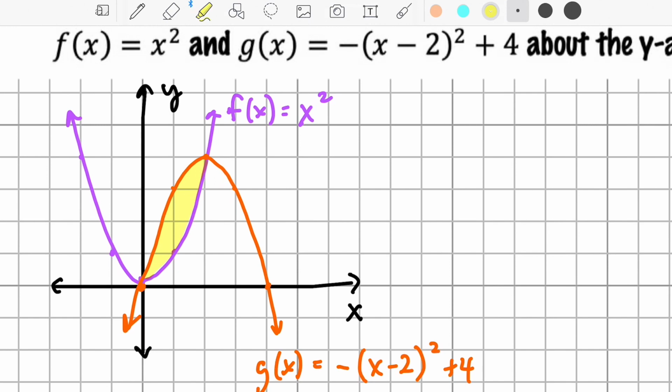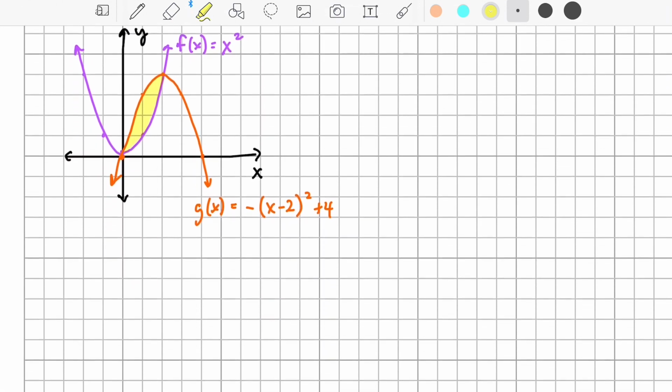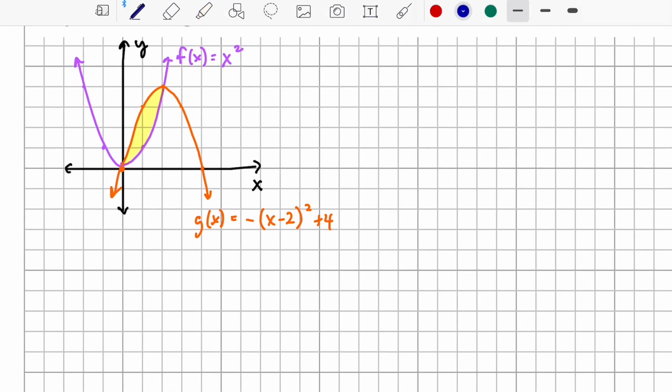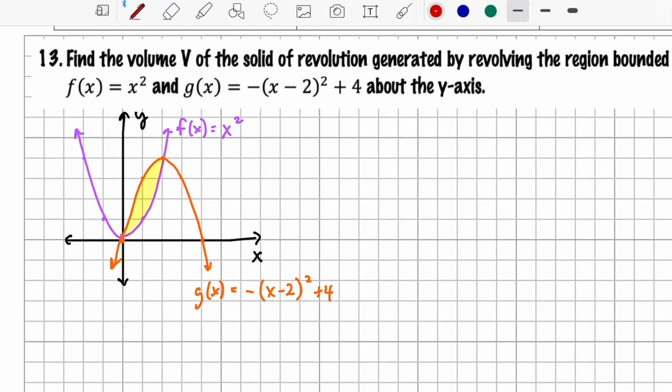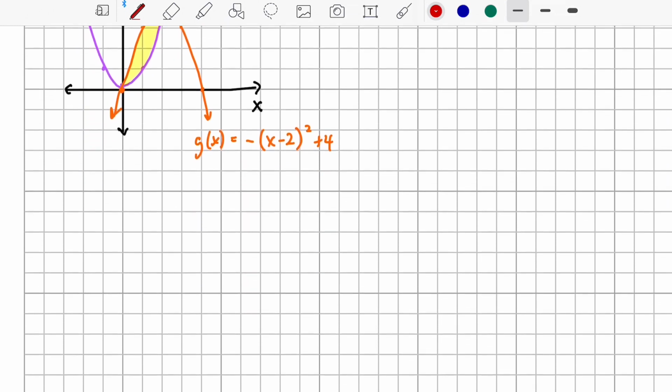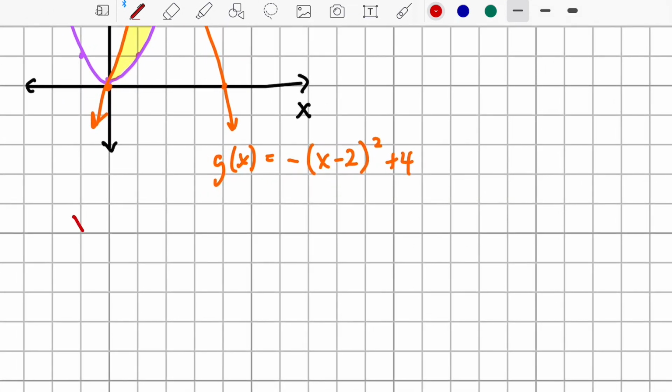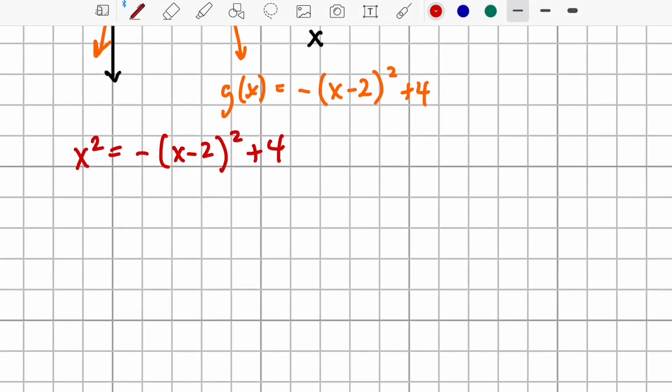And we need to find the points of intersection. Now, I know that we can see them there, but just to practice, we're going to find them by setting the equations equal to each other. So x squared equals negative the quantity x minus 2 squared plus 4.